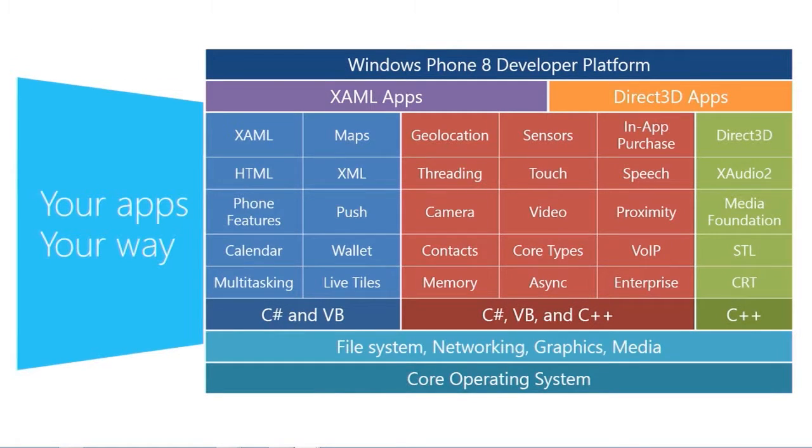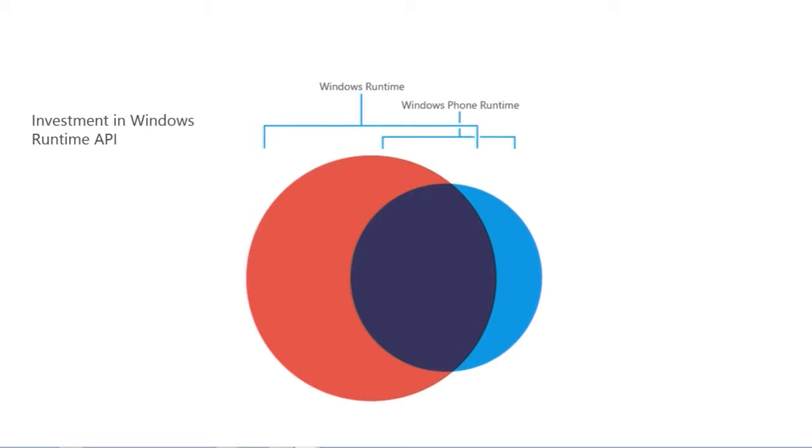Now, with the Windows Phone APIs, there are all sorts of other APIs over and above the Windows Runtime APIs, and of course, you can still continue to use those, but those don't help you when you're trying to bridge the two different platforms. So what we're going to focus on is where the two platforms intersect. This is a general, high-level view.